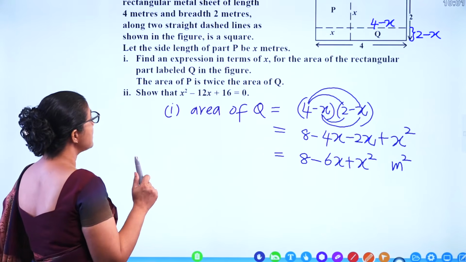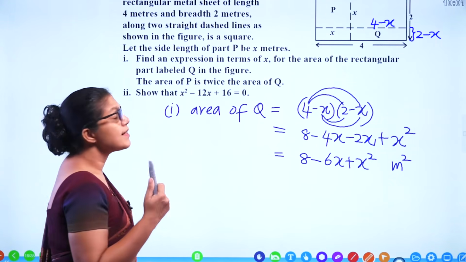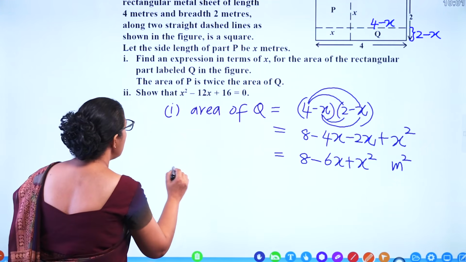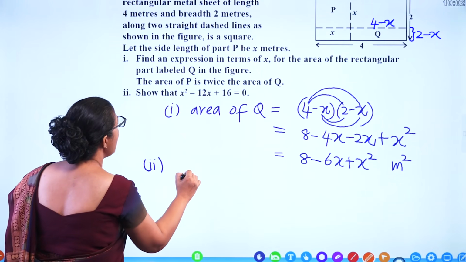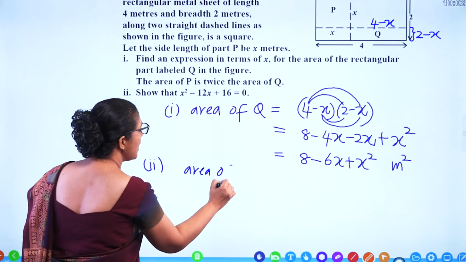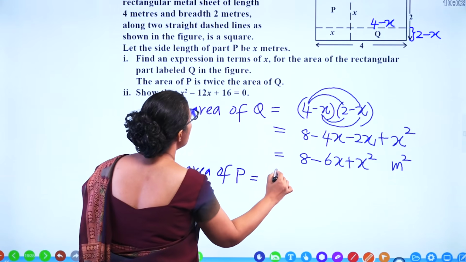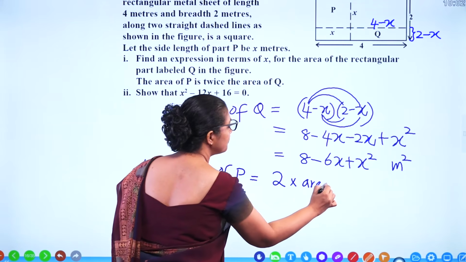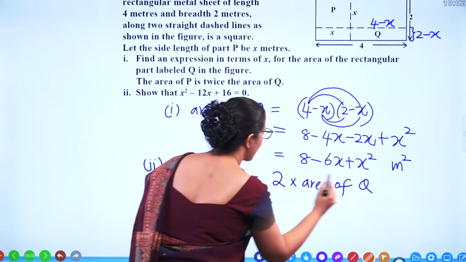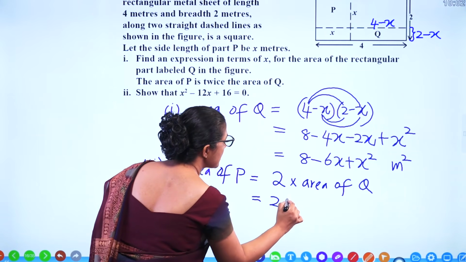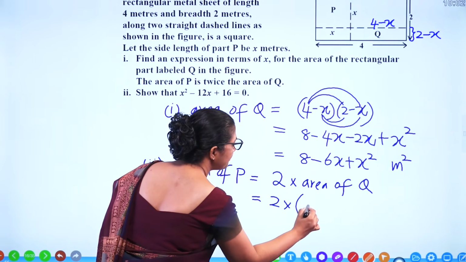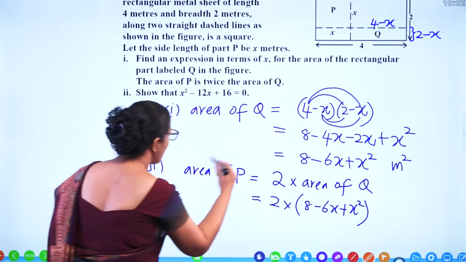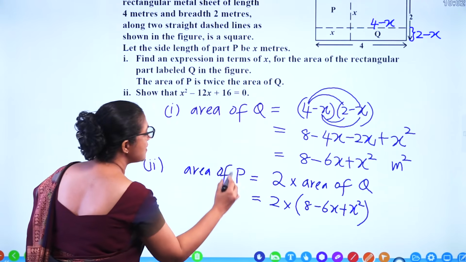Now the second part, it says the area of P is twice the area of Q. So for the second one, area of P is double, twice the area of Q. So 2 times this one, 8 minus 6x plus x squared, is equal to the area of P, which is x into x, x squared.